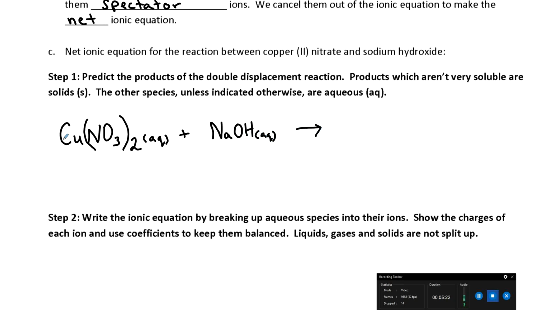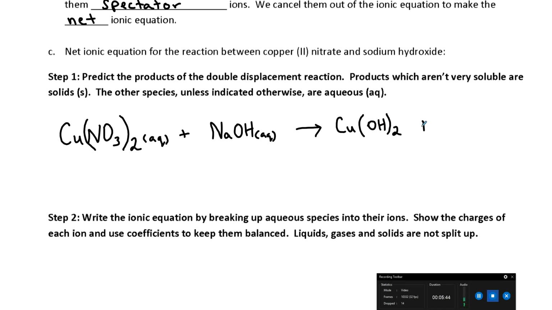Now we want to write our products. It's a double displacement, so the copper is going to join up with the hydroxide, our outside ions. So it's copper 2 hydroxide. I'm not going to label this yet because I don't know what state that's in.